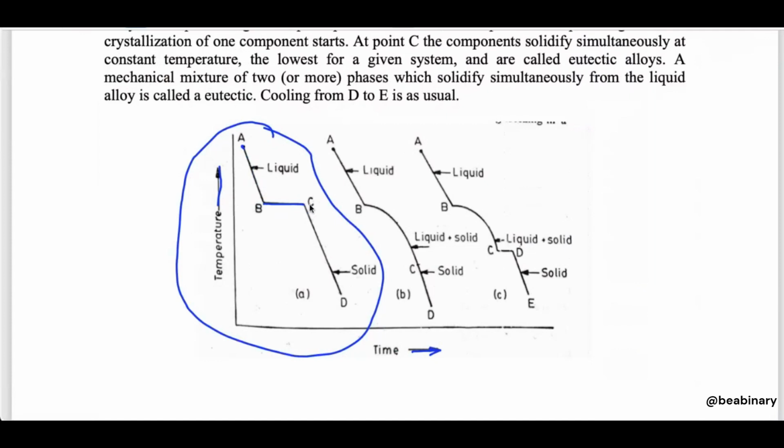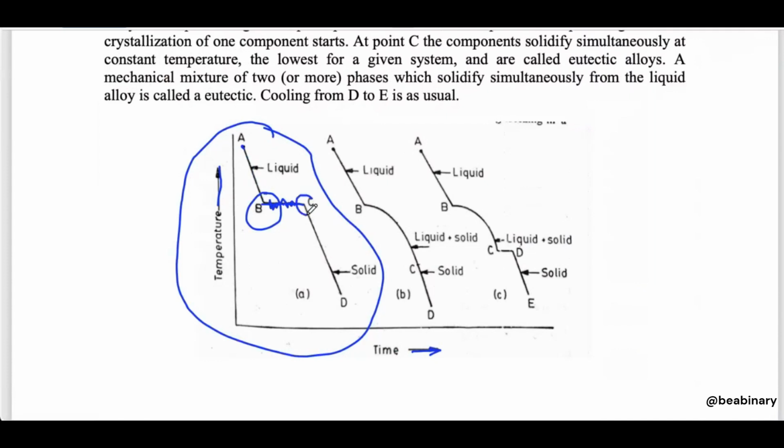A is just the normal state of your liquid. B is the critical point at which the liquid starts changing into solid if you are extracting the heat. Till point C, this is the two-phase region, which means both solid and liquid exist together.